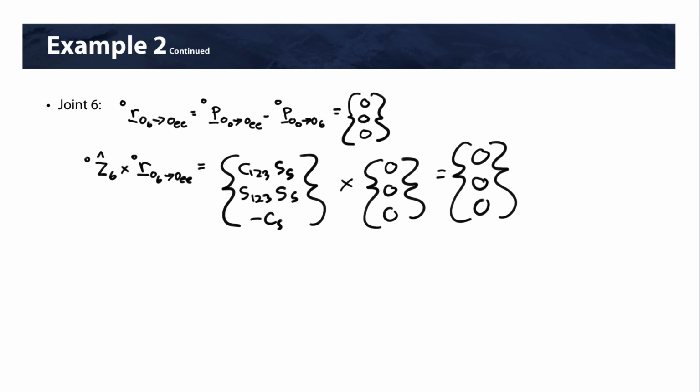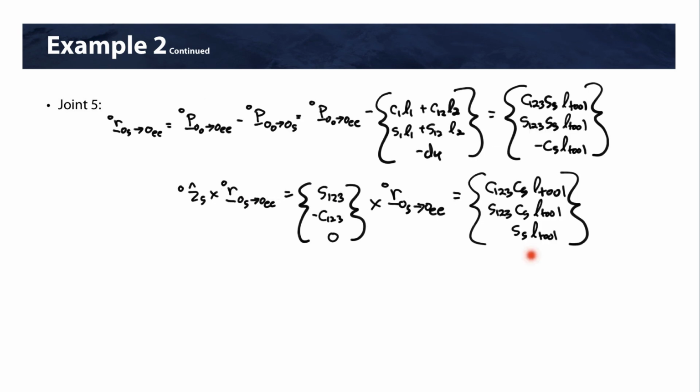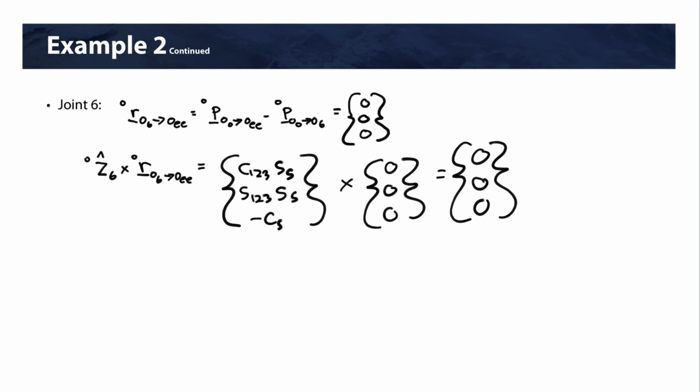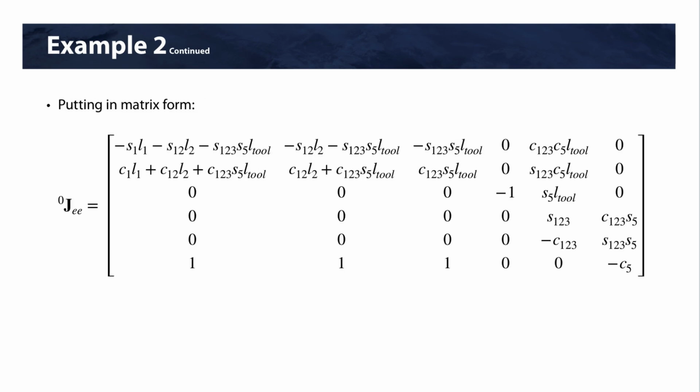All right, but now we have all the information. We have the Jacobian calculated. All right, so this is for joint 6. This is the first 3 elements, and the Z is the second 3 elements. Same for joint 5. These are the first 3 elements of that column, and these are the second 3, and so on. So if you were to then write this out in matrix form, this will be your answer.